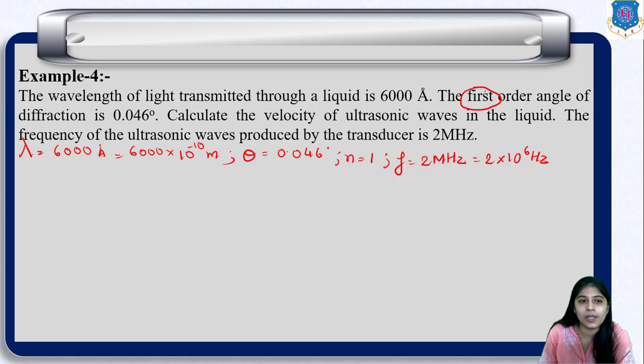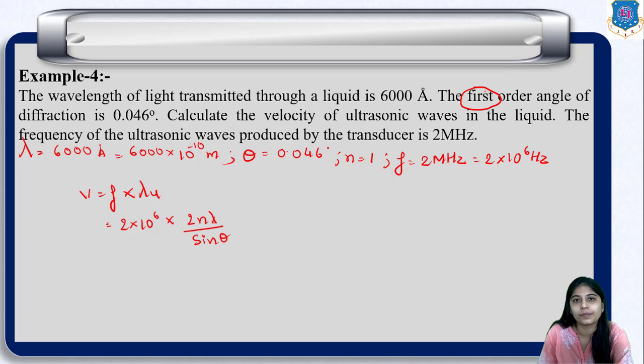Okay, so we know that velocity can be obtained using the formula v = f into lambda u, right? So f is 2 megahertz. But what will be lambda u? Lambda u is nothing but 2n lambda upon sine theta.